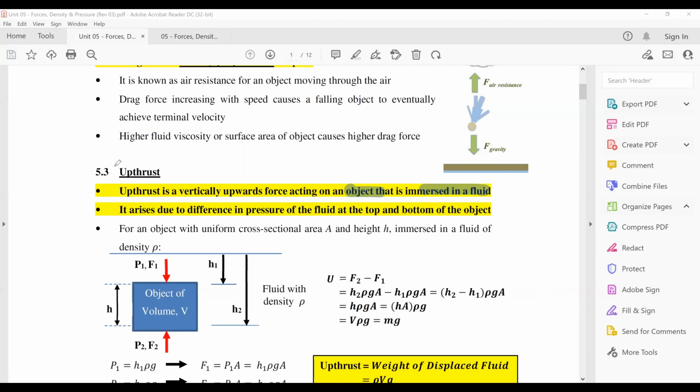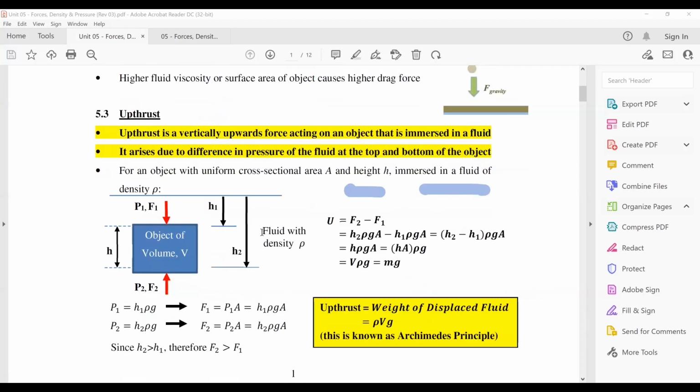Now, upthrust arises because of the difference in pressure at the top and bottom of the object that was immersed inside the fluid. What do we mean by that? You will need to know how to derive the equation for upthrust. It is normally based on a diagram that looks like this. Let's first consider that you have an object that is immersed inside a fluid, a liquid.